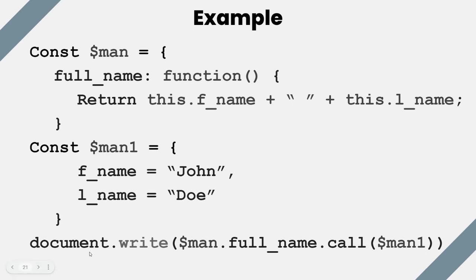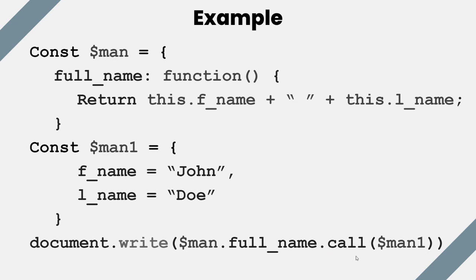So you can see that in the syntax below the document, we have the $man. That's for the object name we want to make use of, and it is followed by the particular key name, which is full_name. And here we'll make use of the call method. You can see it has a dot notation and the call method is attached here.